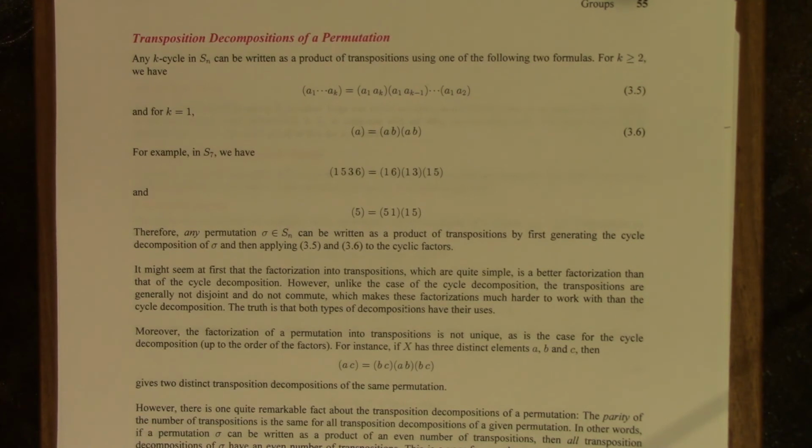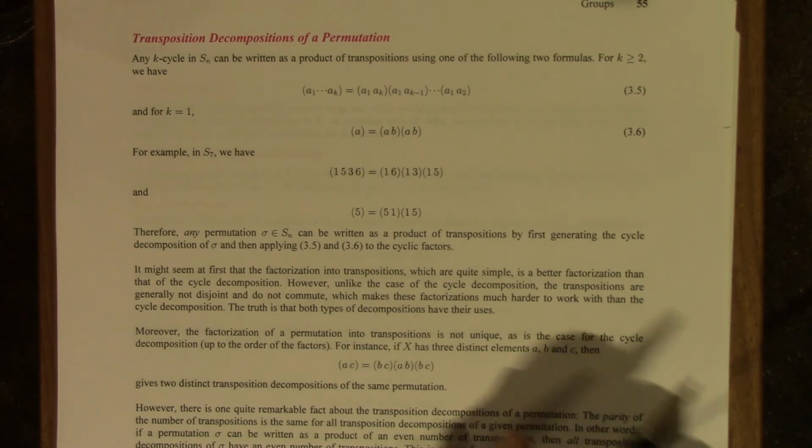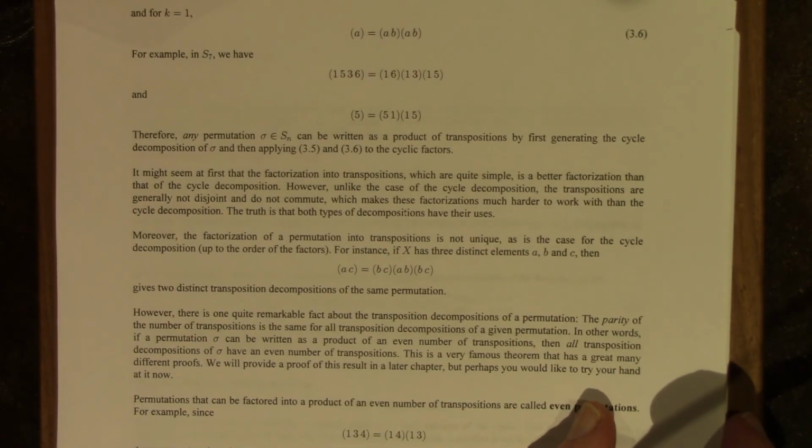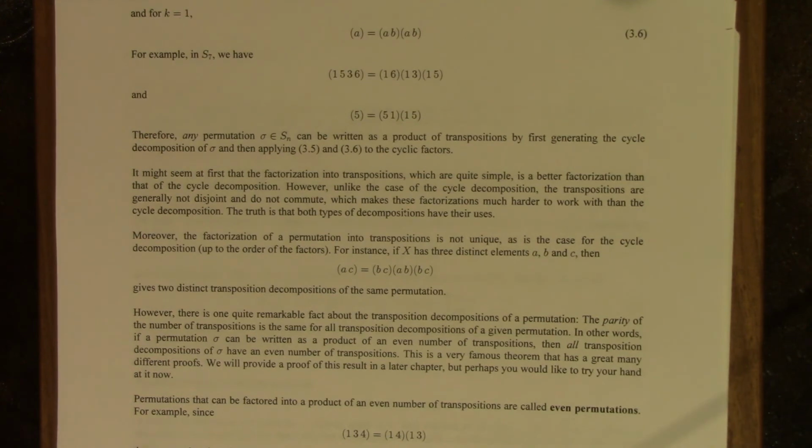This gives us our second important factorization, which we'll call the transposition decomposition of a permutation. Now you might be thinking, and it might seem at first, that factorization into transpositions, which are relatively simple permutations, would be much better than the cycle decomposition.